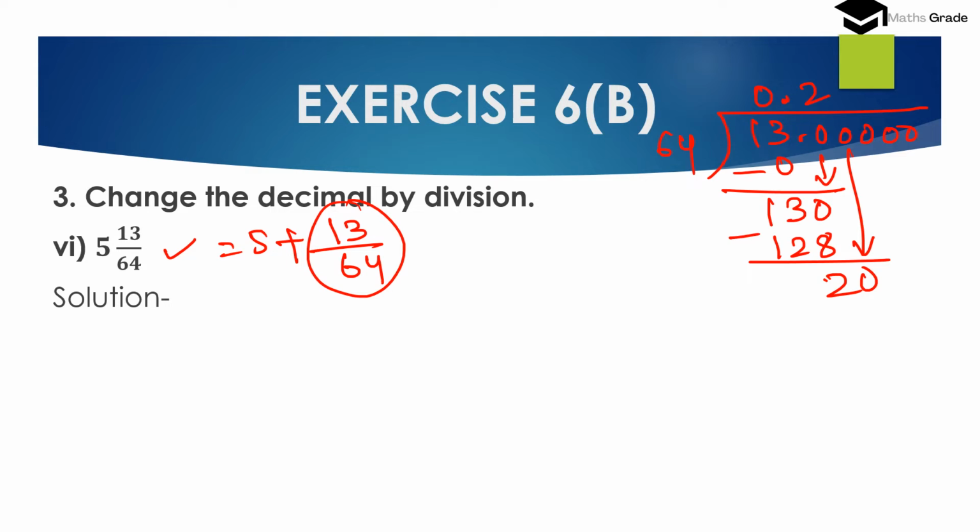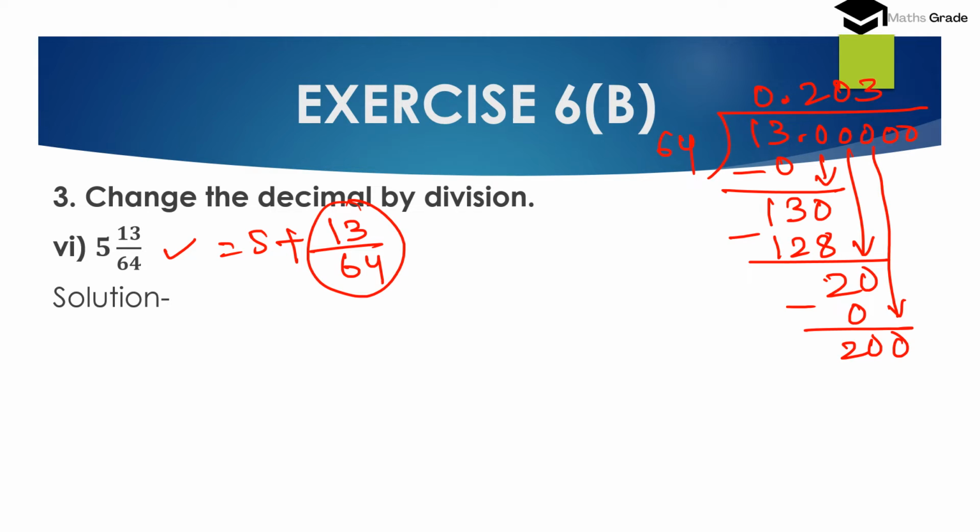So we have to multiply 64 with 0. 64 multiplied with 0 is 0. Now 20 minus 0 is 20, and write this 0 here. One more 0. Now 200 in the table of 64. 4 6s are 24. 64 multiplied with 4 is more than 200, so we have to multiply 64 with 3.